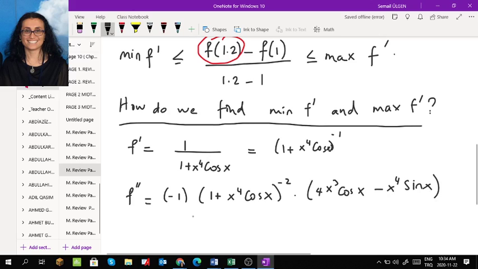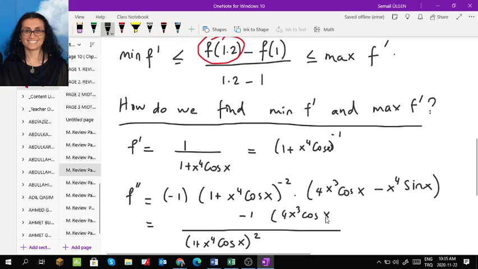So we get negative 1 on top and 1 plus x to the 4 cosine x in the bottom, squared, and also this term, 4x cubed cosine x minus x to the 4 sine x.